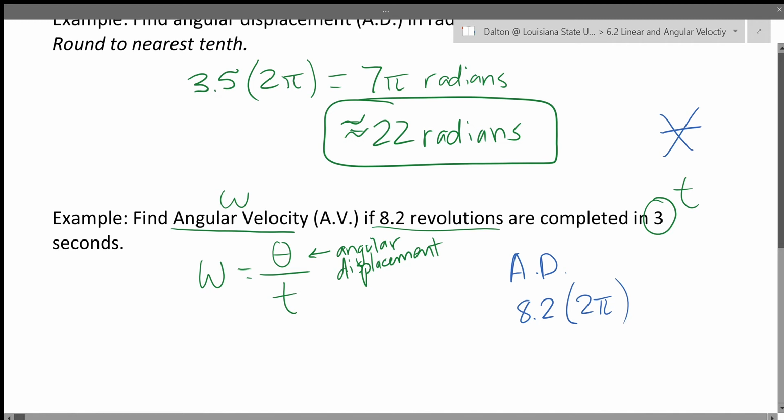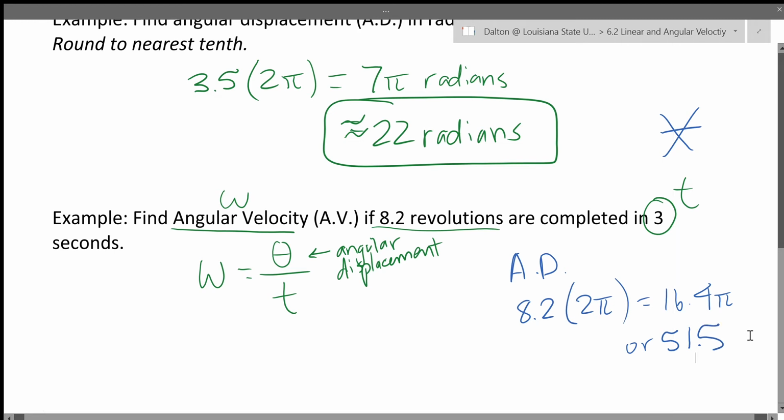And again, you could do 16.4 pi, or you can type that in your calculator and get a decimal, which is about 51.5. So that's the angular displacement.